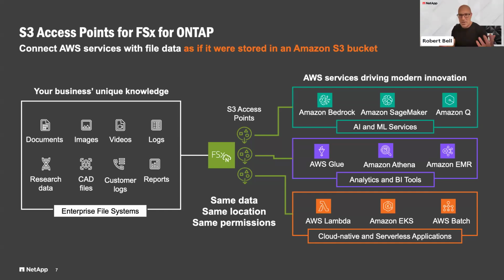You've got Amazon Q, which creates very easy-to-use chatbots where you can chat with your own data. Things like Glue can scan the data and structure it without actually moving anything. Athena for queries, and then serverless applications, where you can start developing new applications and attach them to the enterprise data without moving the data, which for developers is a great thing.